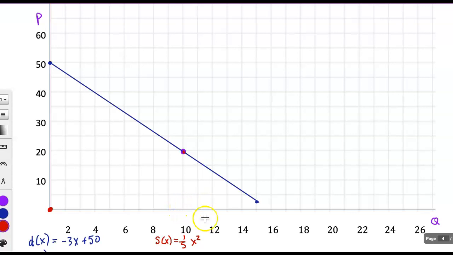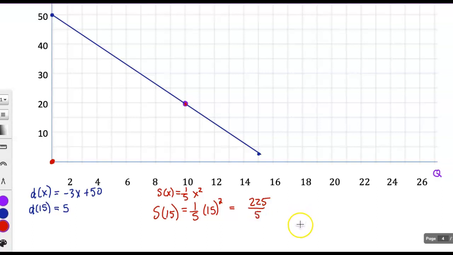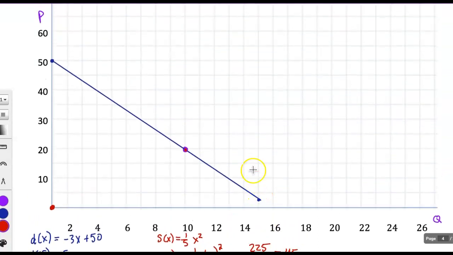If I plugged in 15, I would get s(15) = 1/5 times 15 squared. And so that's 225 divided by 5, which gives you 45. So this is 45. I can plot the point (15, 45), which is right here.